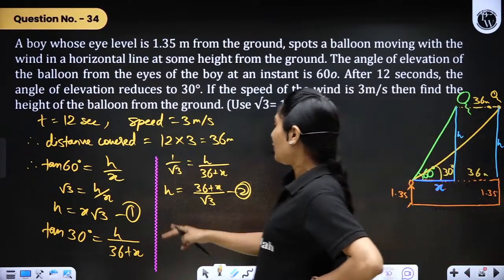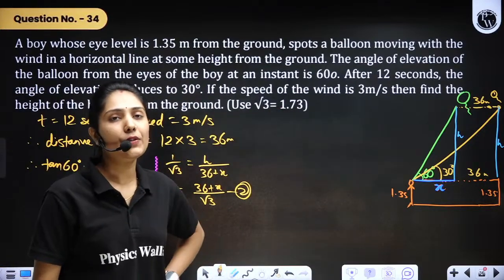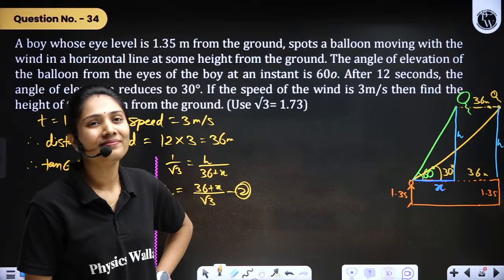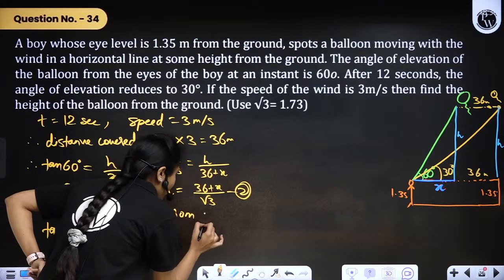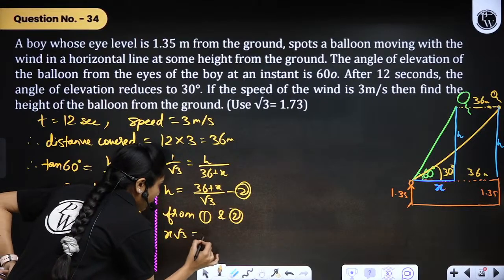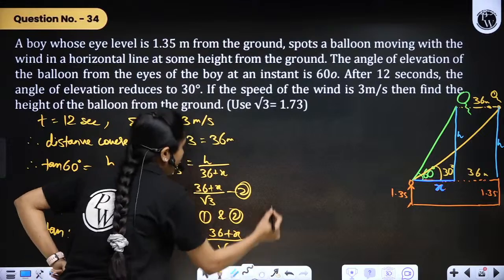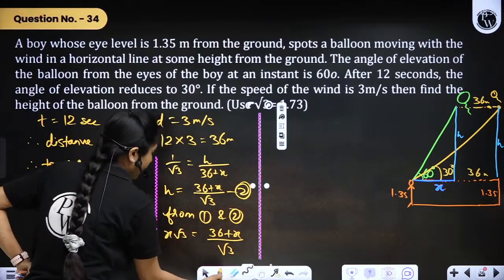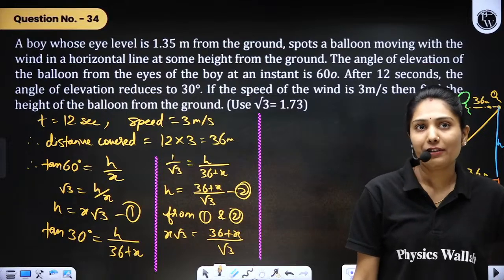Now from 1 and 2, can we compare both the values? So from 1 and 2, what do we get? x root 3 is equal to (36 plus x) upon root 3. So tell me, what will be the value of x?